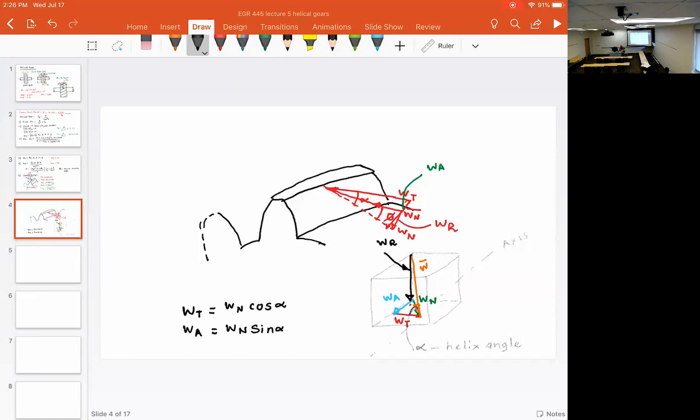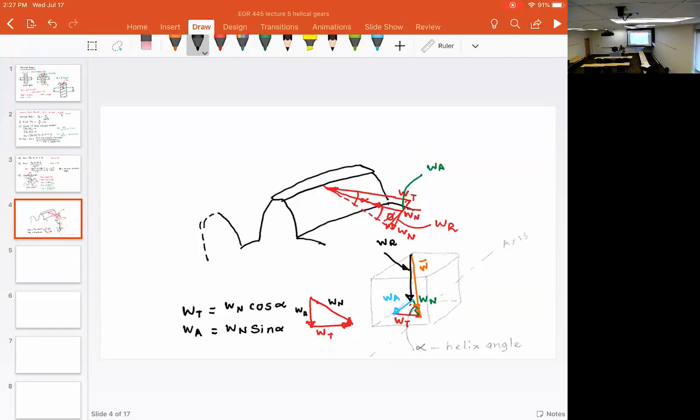So if I were to draw this triangle slightly bigger, this is what you would see: Wn, Wt, and Wa.